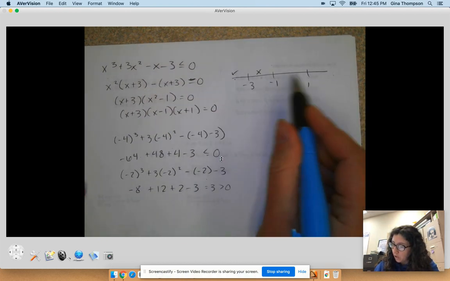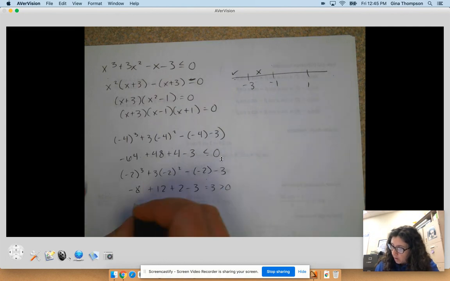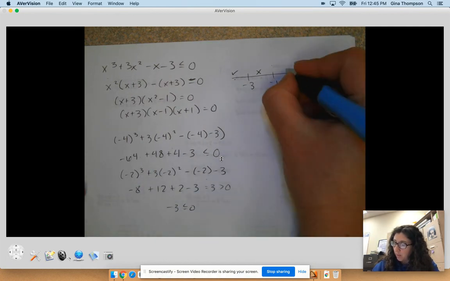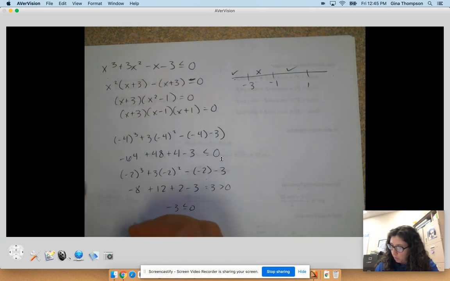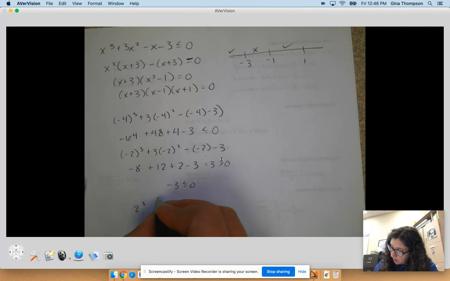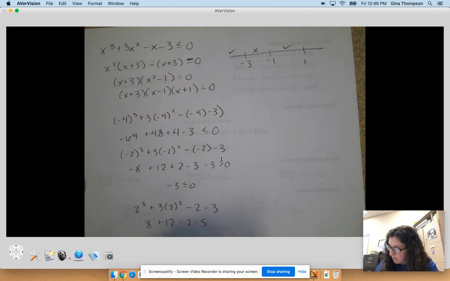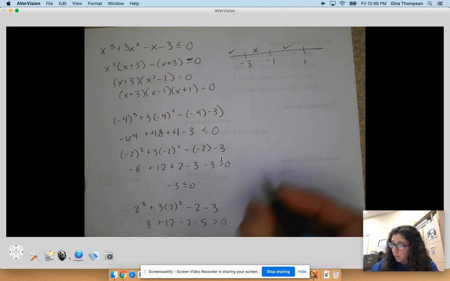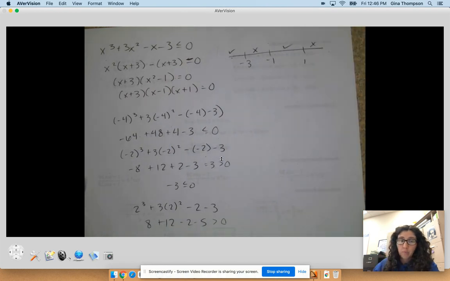Nice, I can choose 0 in this interval. So that's just going to be -3, which is less than or equal to 0. So yep, that works. And now how about 2? 2 cubed plus 3 times 2 squared minus 2 minus 3. So 8 plus 12 minus 2 minus 3 is going to be greater than 0. So this interval does not work.